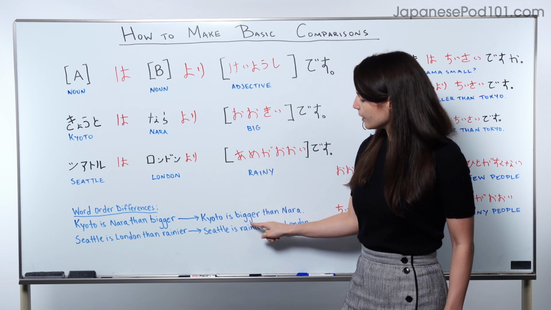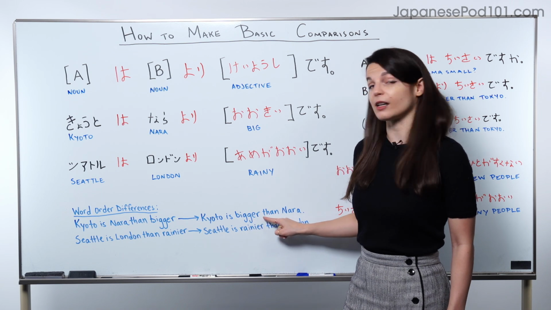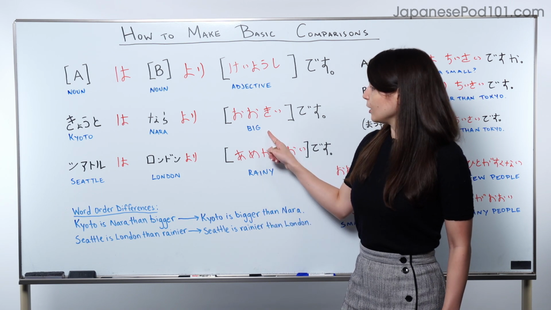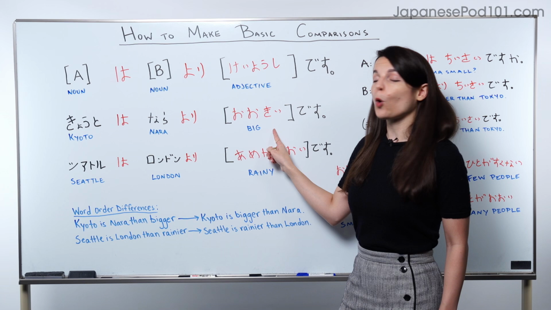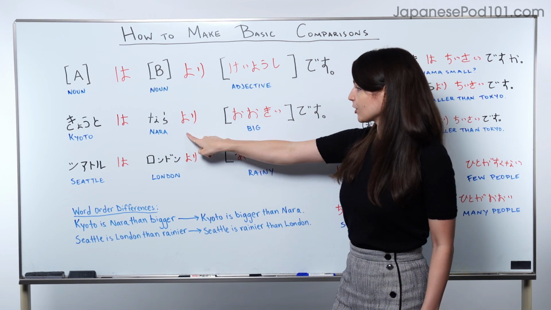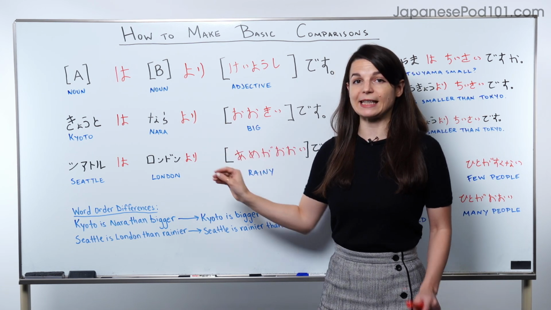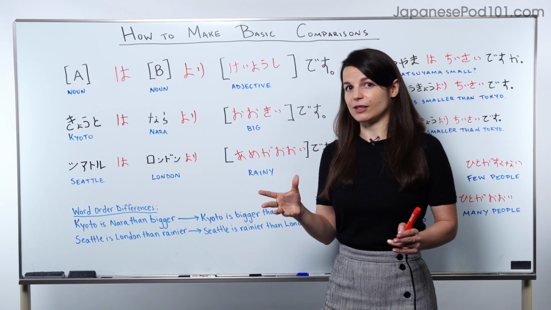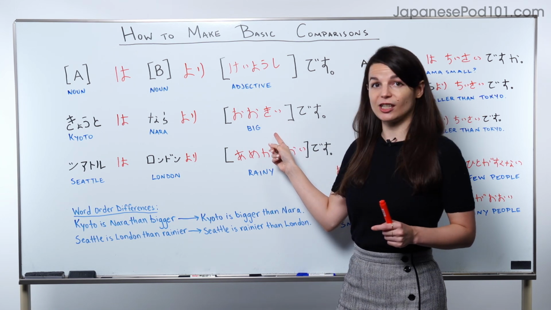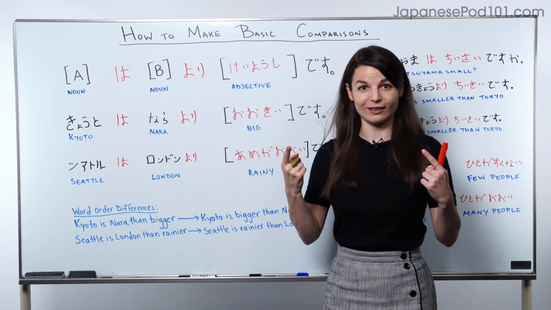You'll also notice that we use the comparative form in English with the ER at the end there, yeah? In Japanese, we're using just the simple oki, big. What makes this comparative is actually this part right here. This yori, you can think of kind of like the English than, and even though we don't change the adjective in Japanese, it takes the comparative form when we think about it in English.